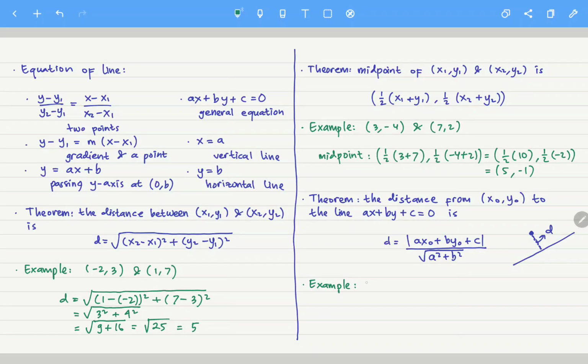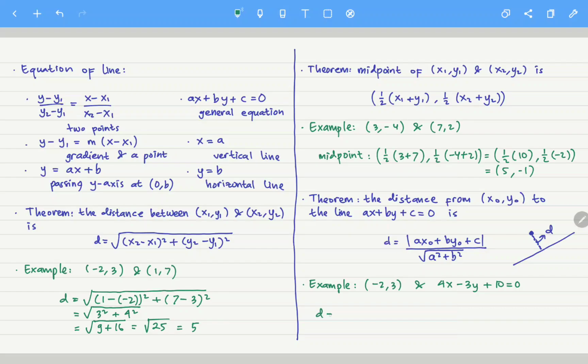Let's say the point is (minus 2, 3), and then we want to calculate the distance from this point to the following line: 4x minus 3y plus 10 equals 0.